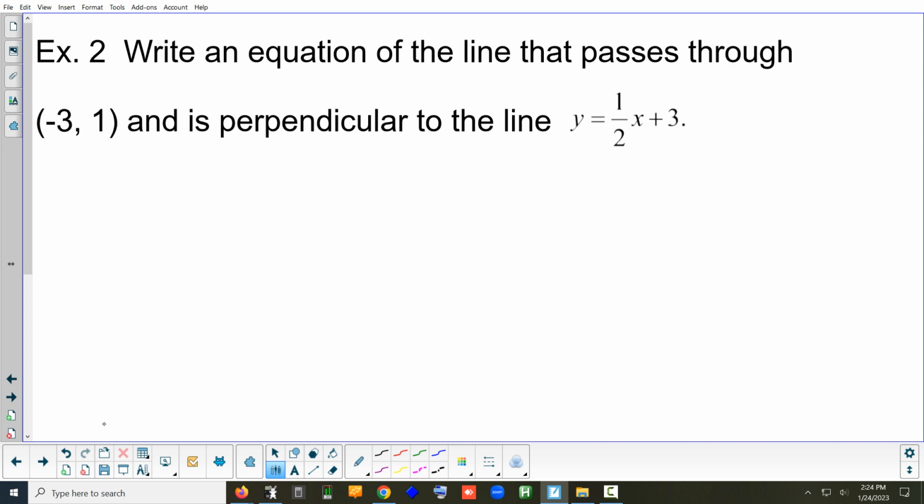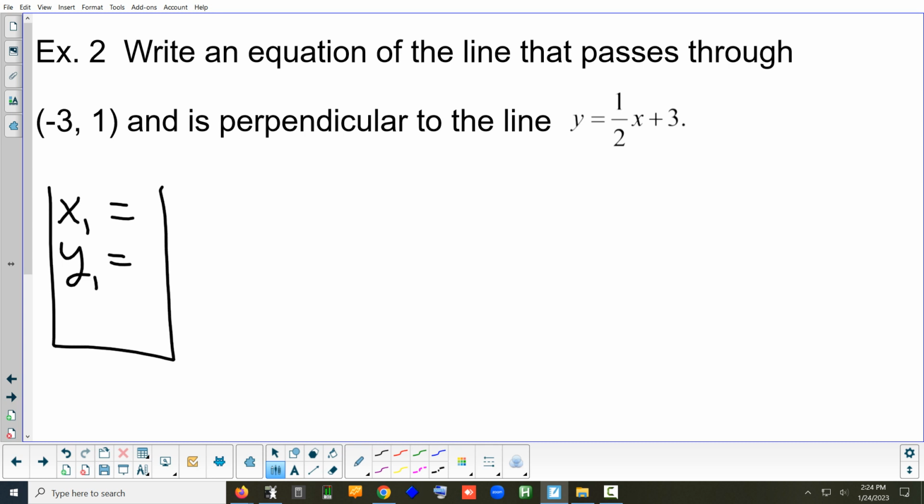We're going to need something for y1. What's something else we need to fill in for? Yep. x1. And someone give me the last thing I need to fill in for. Yep. M. Good.